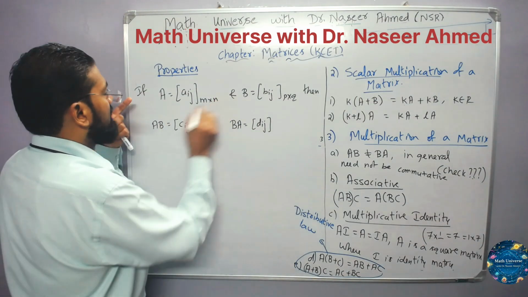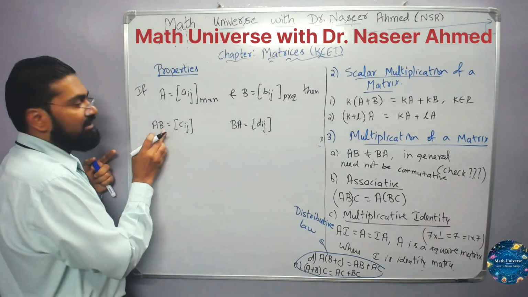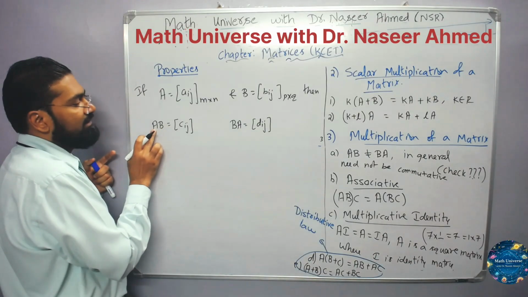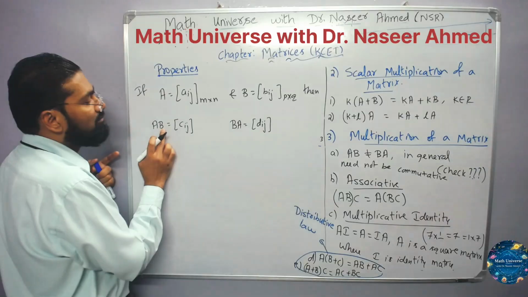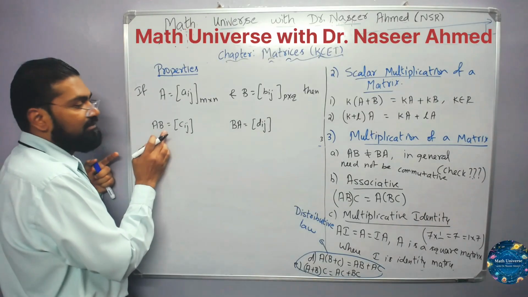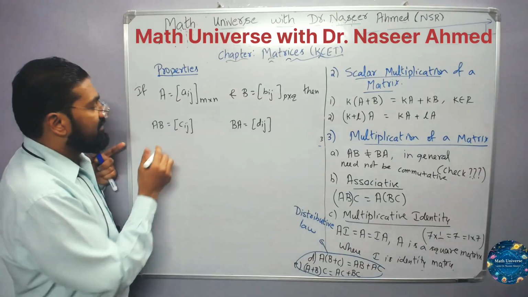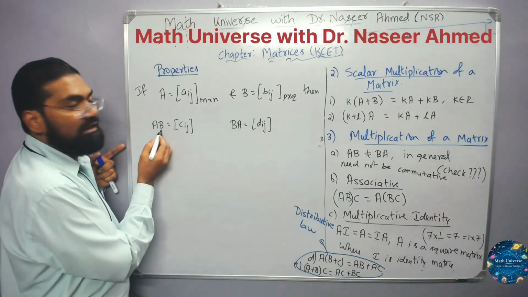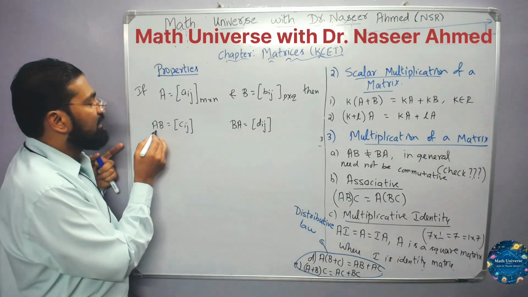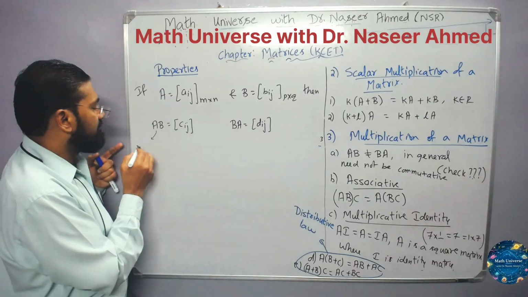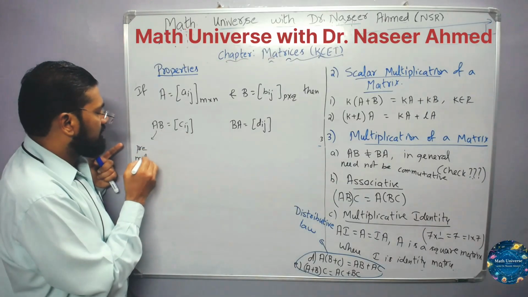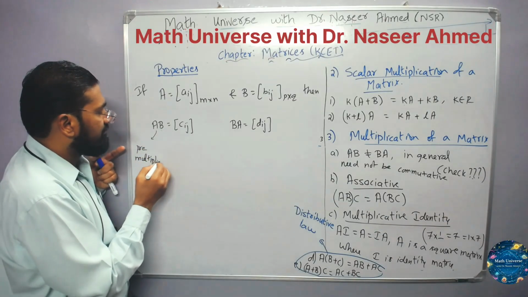Since A is first and B is second, this is called pre-multiply. A is before B, so A is called the pre-multiplier of B, or B is called the post-multiplier of A. Whenever a matrix is there before the matrix under multiplication, it is called the pre-multiplier.